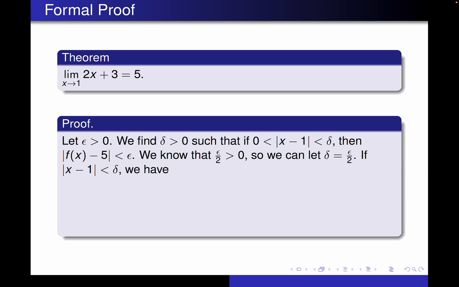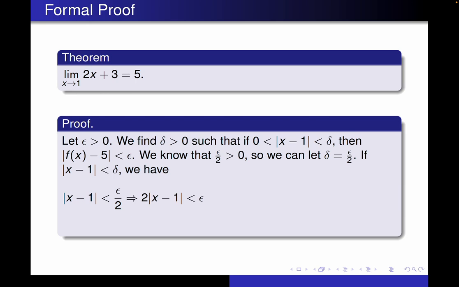So we then assume that absolute value of x minus 1 is less than delta, and then show that absolute value of f of x minus 5 is less than epsilon. So delta is epsilon over 2, so we have absolute value of x minus 1 is less than epsilon over 2. And now we do the same algebra we did on the previous slide, except in reverse. We multiply both sides by 2.